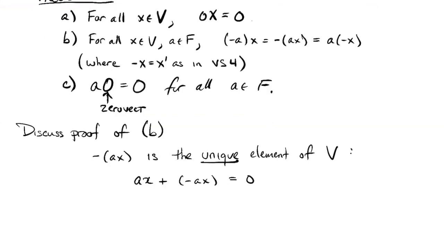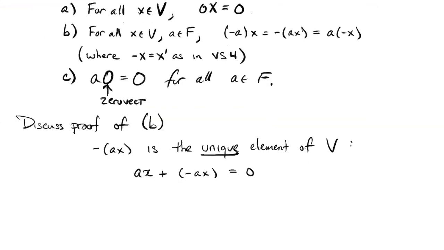Good. So how to prove B? Well, minus AX, the new name for AX prime, is the only element that satisfies the equation I've written there. So if I take AX and add to it the proposed candidate, minus AX, let's look at this.